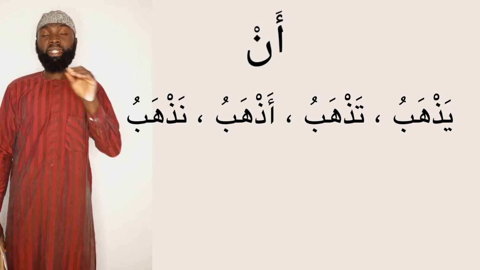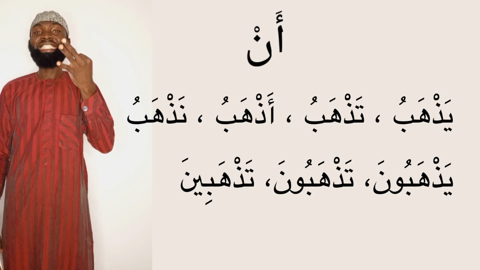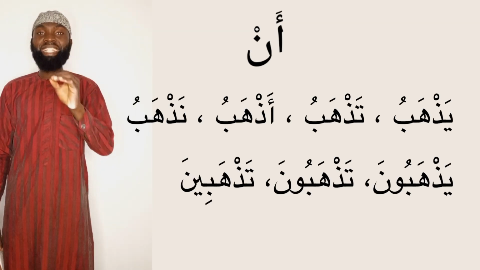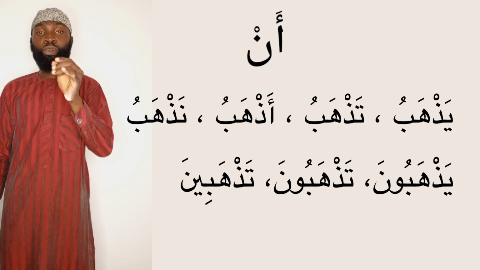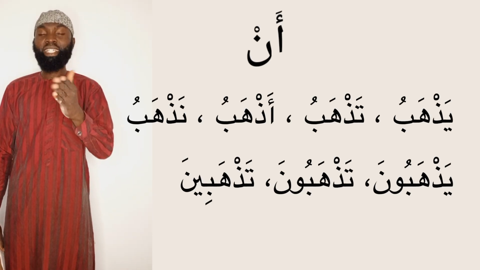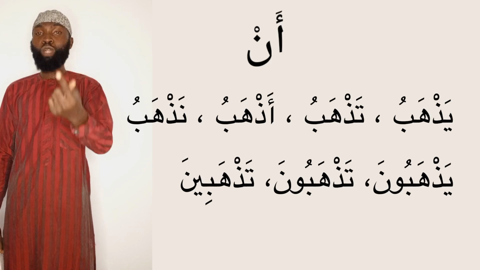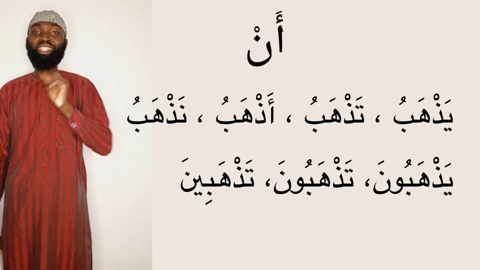Now as for the other present tense verbs like "yadhabuna", "tadhabuna", and "tadhabina", whenever they appear after "an", all you need to do is to remove the noon ending them. Like I can say "yuriduna an yadhabu", not "yadhabuna" again, because "an" is coming before it.